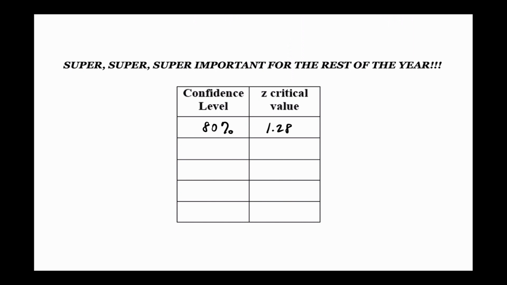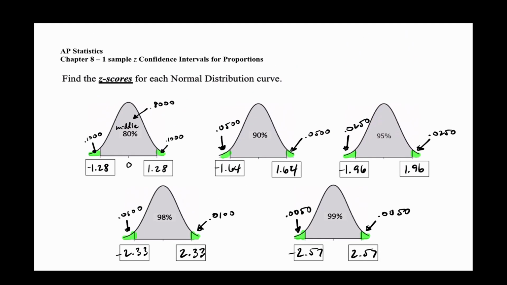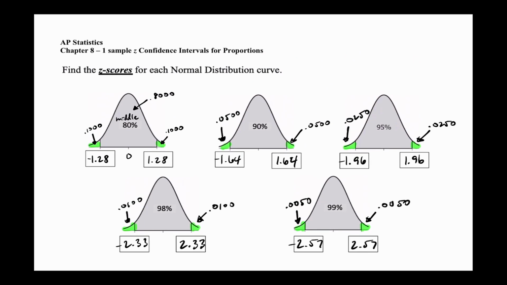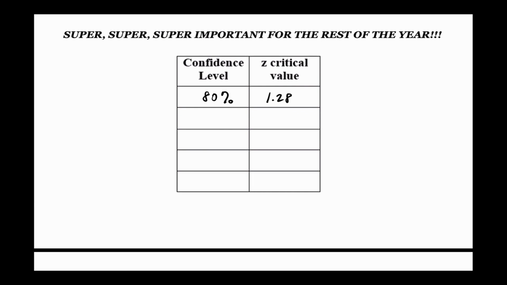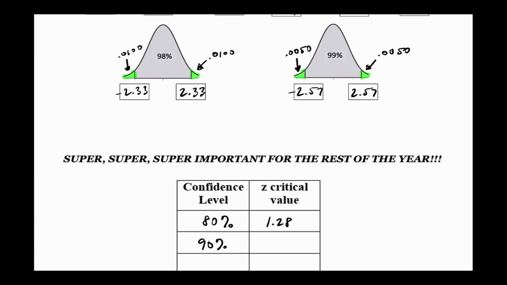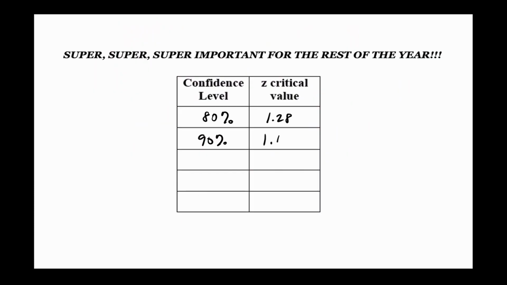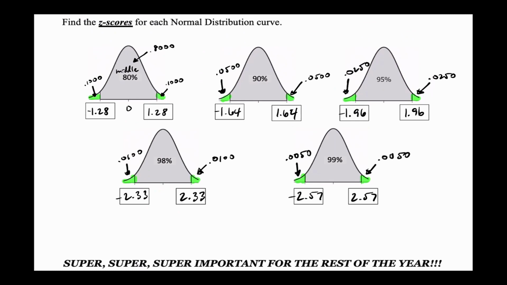So the ones I picked: 80%, 90%, 95%, 98%, 99%. Those are the common ones you see. Most of the time, it'll be something like a 95% or a 98%. So I just make a table of all of them. I just put the positive in there.